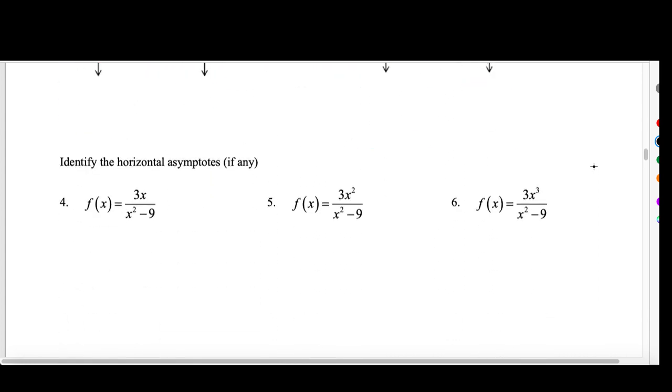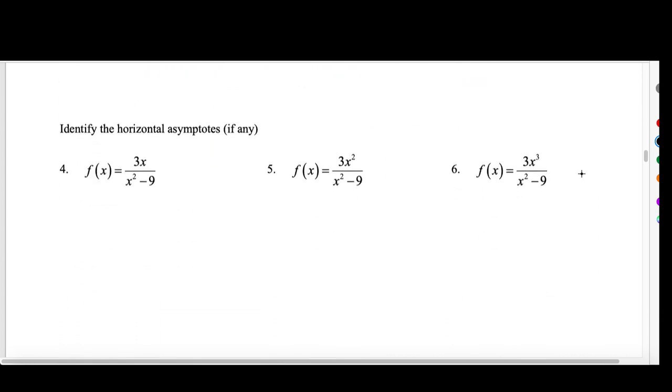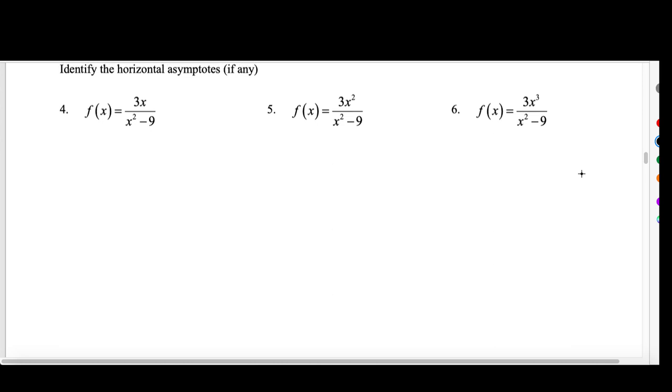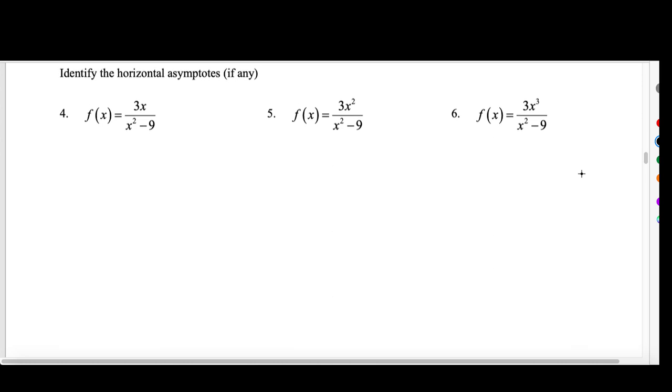Okay, so here we have three rational functions, and we want to identify the horizontal asymptotes, if any. A little trick we could do is take the rational function and identify the largest power of x that exists anywhere in that function. Then we divide every single term in the rational function by that largest power of x.